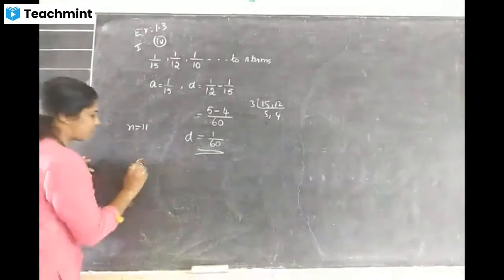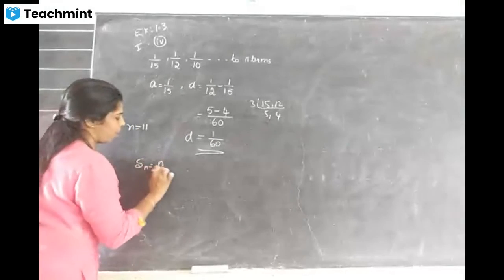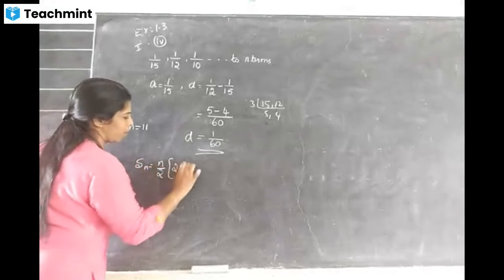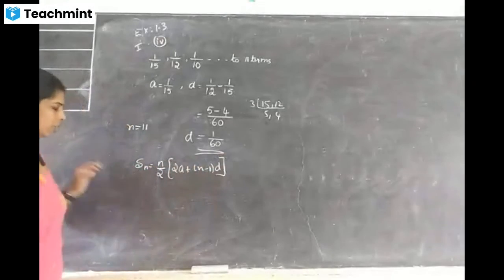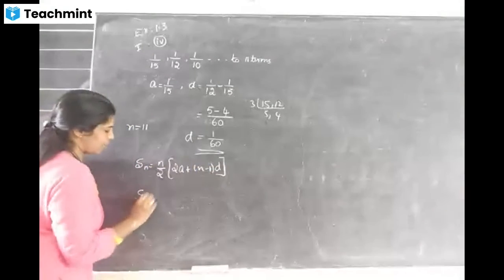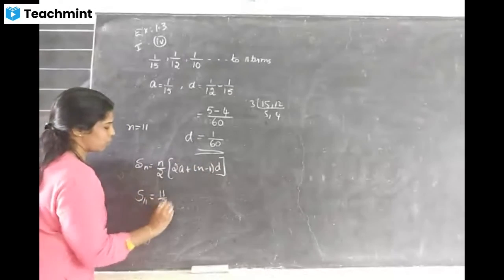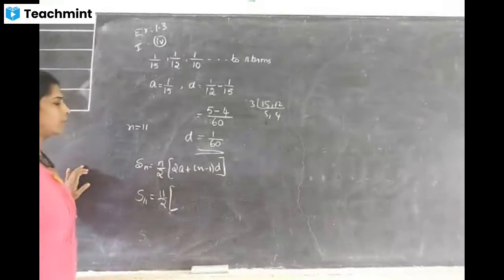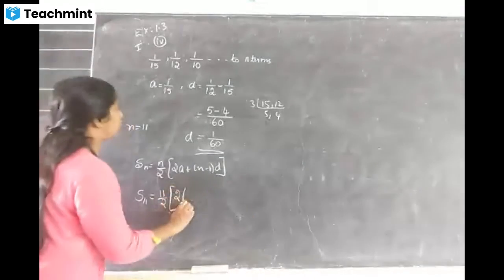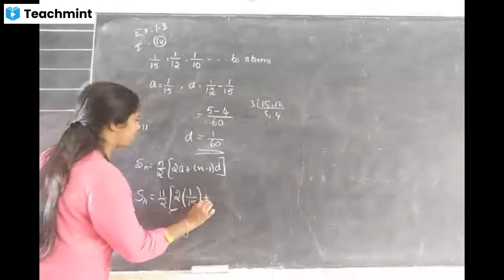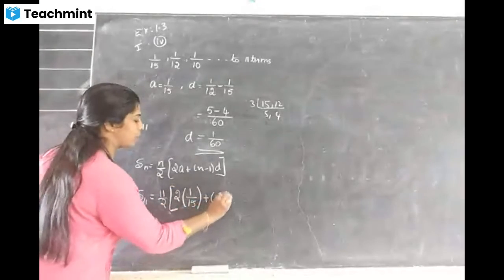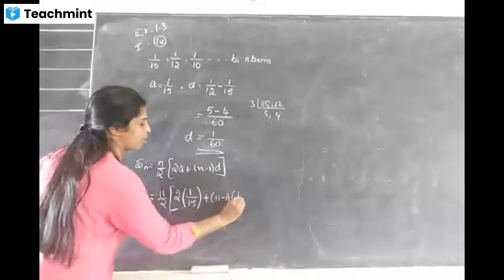Sn is equal to n by 2 into 2a plus n minus 1 into d. S11 is equal to 11 by 2 into 2a, a is what? 1 by 15, plus n minus 1 is 11 minus 1, into d, d is what? 1 by 60.